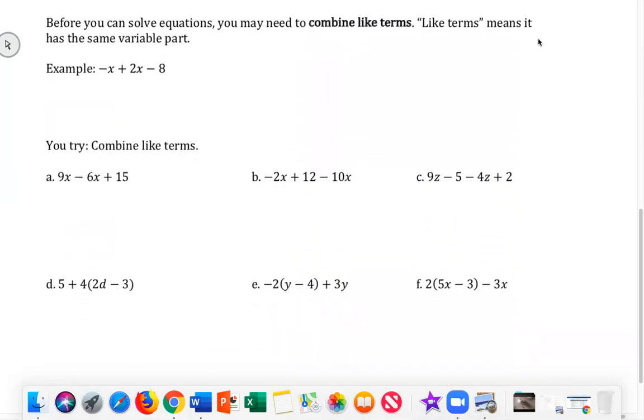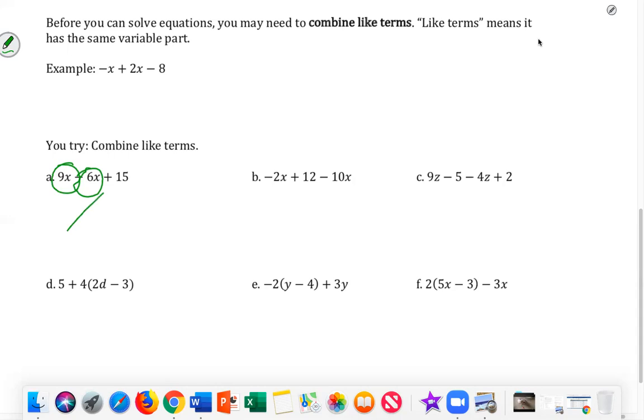So let's look at the bottom, and it says combine like terms. Now in A, I'm going to start you guys out. In A, and I like to use colors, okay? So the 9x and the -6x are like terms.